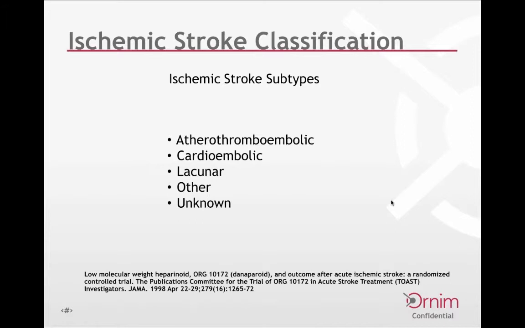Other also is another way of saying that more than one of the above etiologies may be responsible, and it's hard to distinguish. So if a patient with atrial fibrillation presents with a small lacunar appearing infarction and has densely calcified carotid arteries, it sometimes can be hard to commit to one of those causes, and typically they would be graded as other.